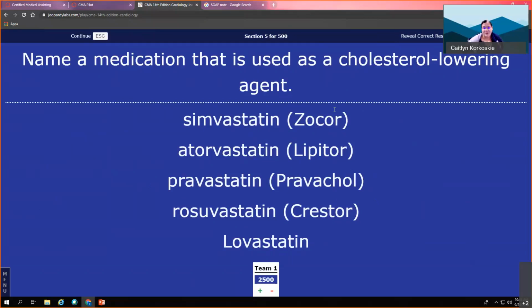The brand name for simvastatin is Zocor. And one of my biggest things is there's a medication called Cozar, and I get confused between Zocor and Cozar because they sound so similar. How do you memorize all of them?